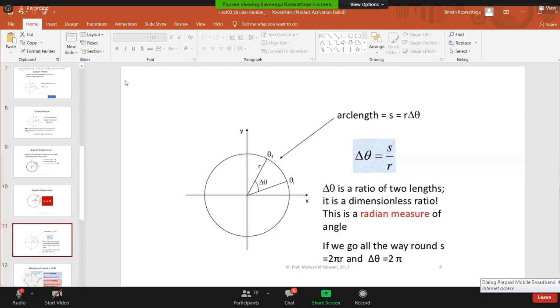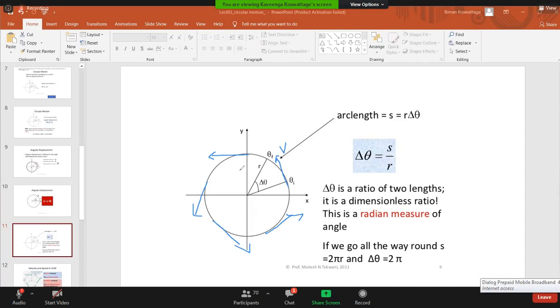Uniform circular motion means that the value of the speed is the same. It means if it is 20 m/s, the whole way it is 20 m/s.